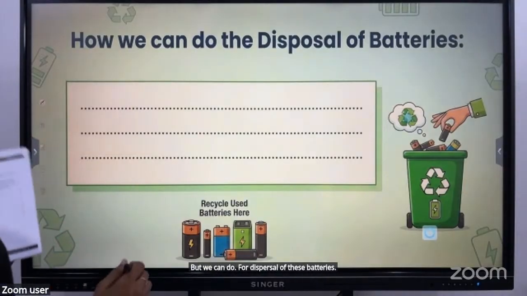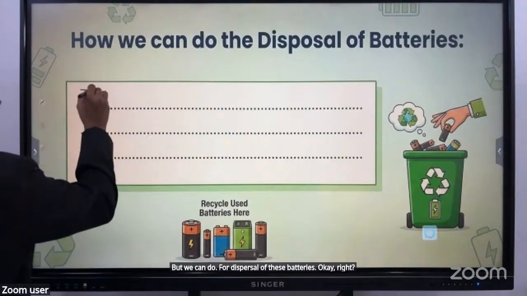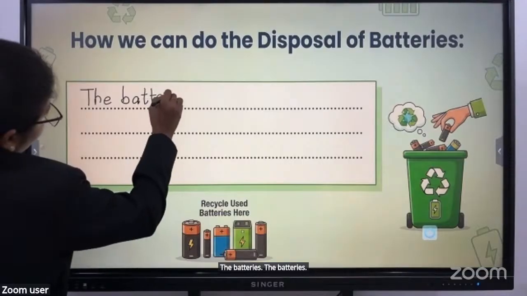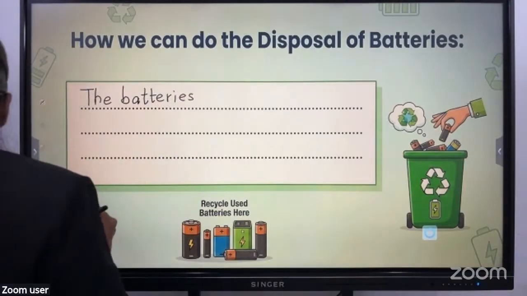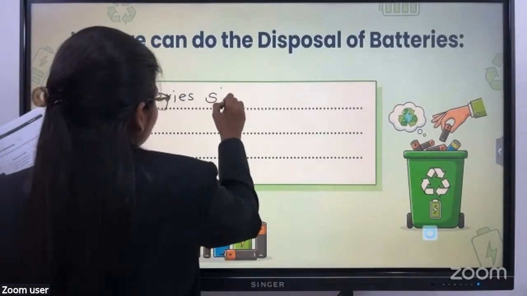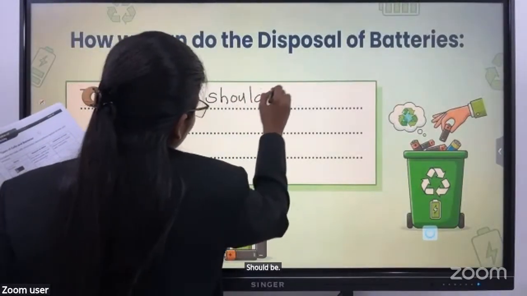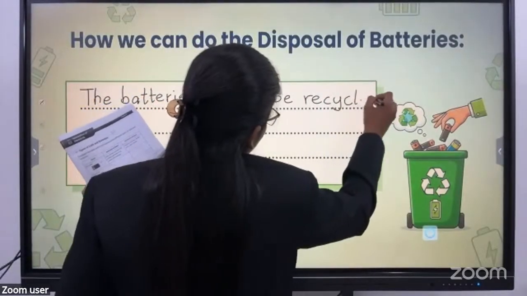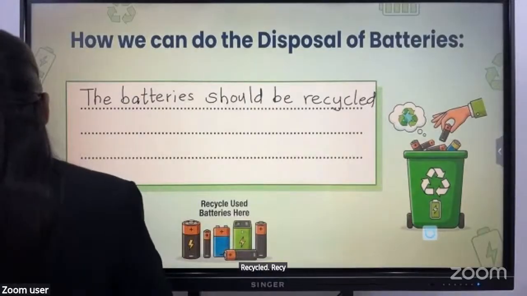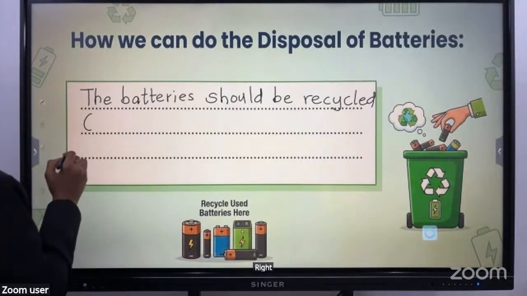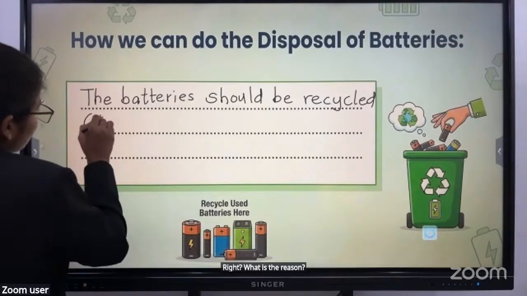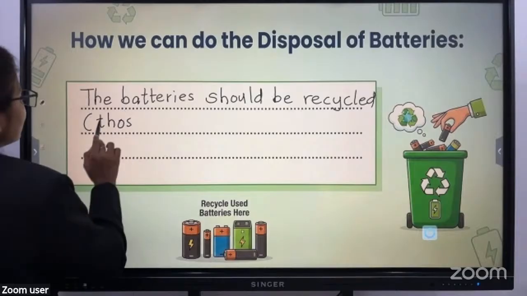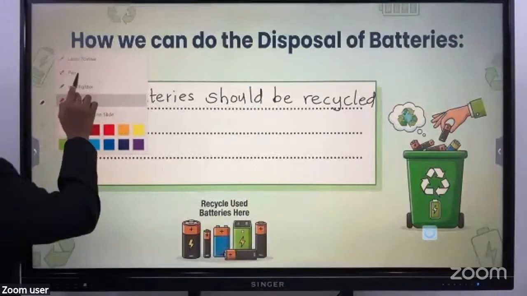Okay? Right. The batteries should be recycled. Right? What is the reason? Here we'll write like this.